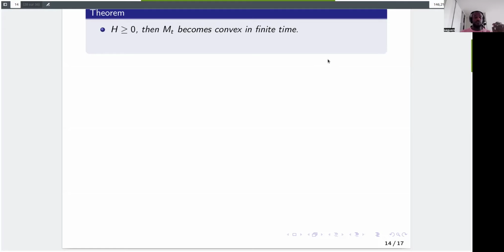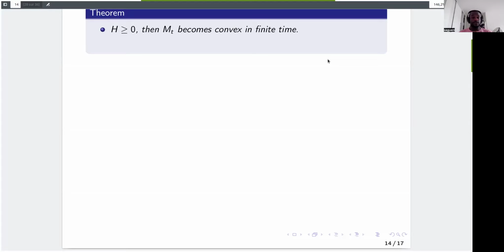Here we take a manifold of dimension d in Rn, and we assume that h is bigger than 0. What does this mean? It means that the sum of the principal curvatures is bigger than 0. So if you have this hypothesis, then our manifold becomes convex in finite time.